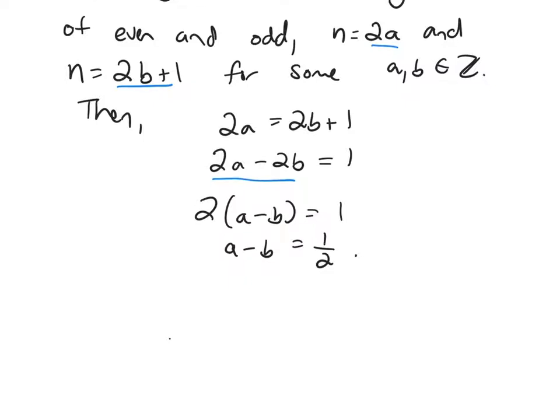Think about what a and b are. A and b are integers. So since a and b are integers, a minus b is also an integer.